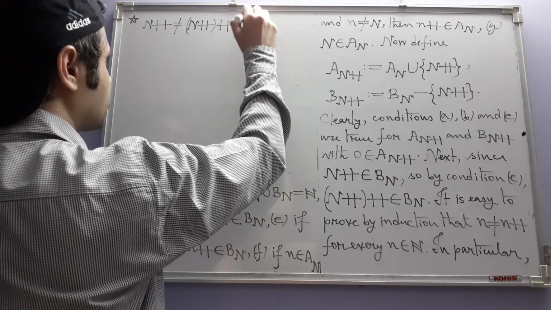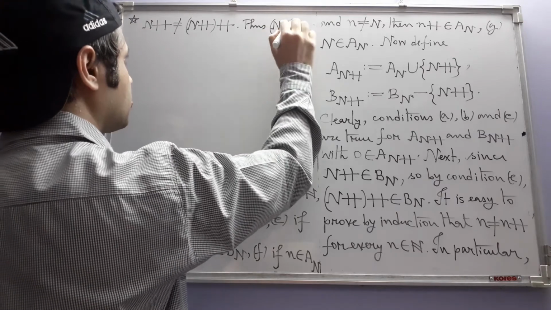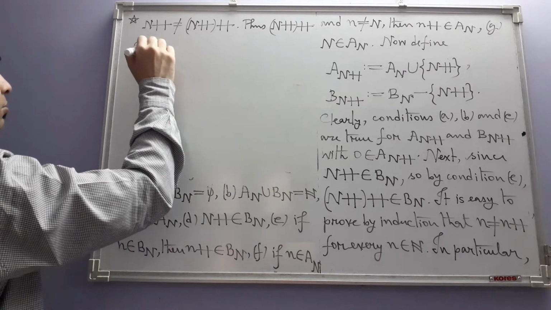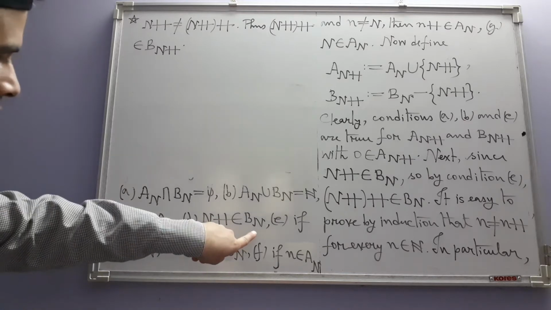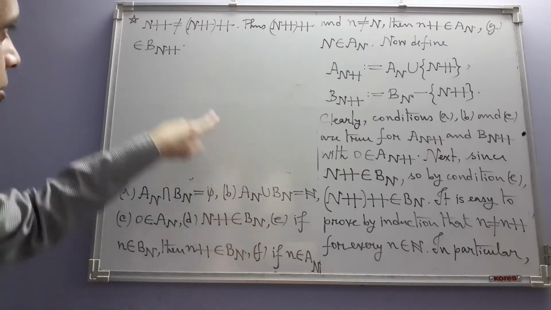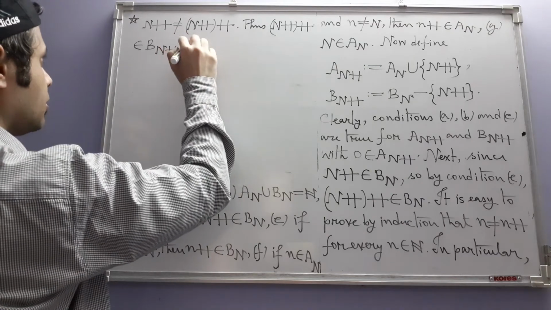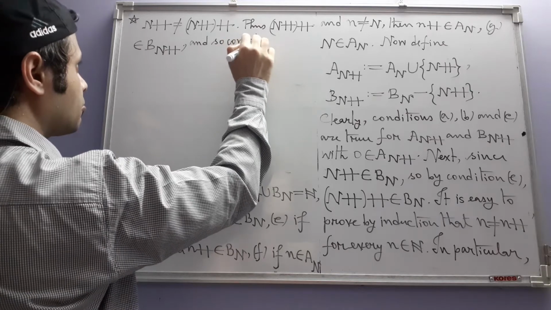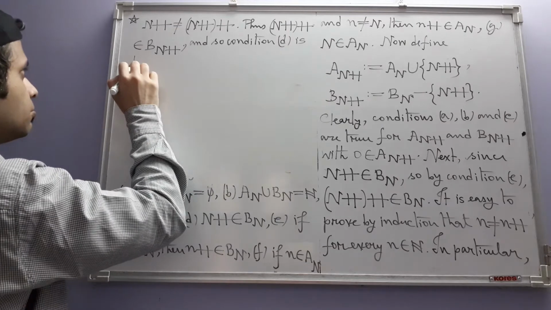Thus it belongs to Bn plus plus, which is just condition D if we had n plus plus in place of n. You see? So that means, and so condition D is true.